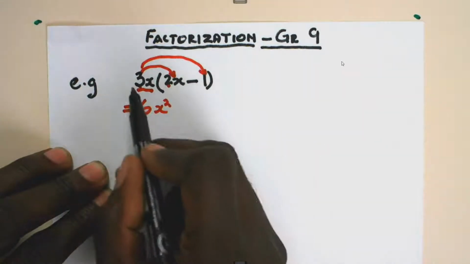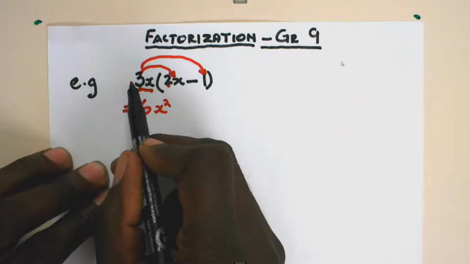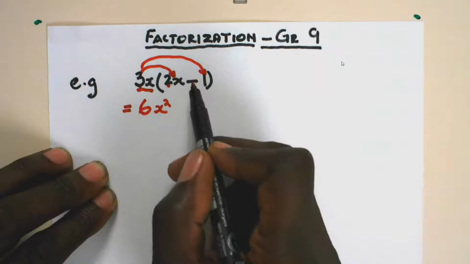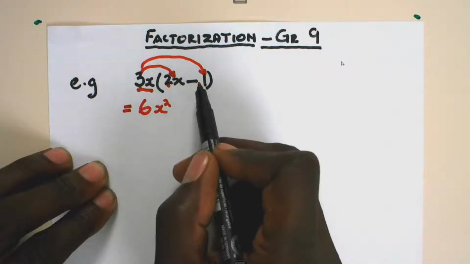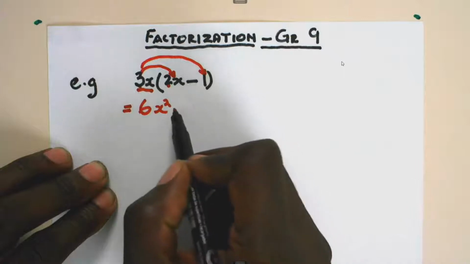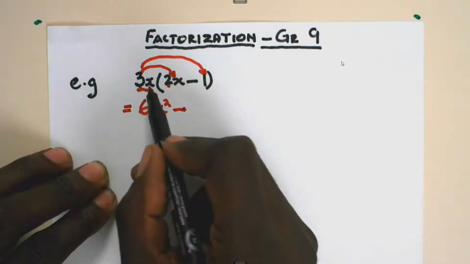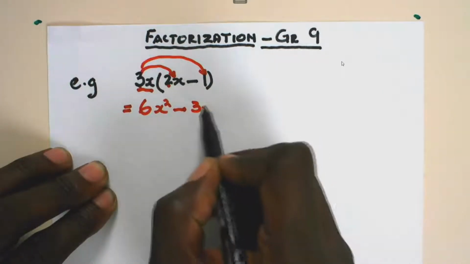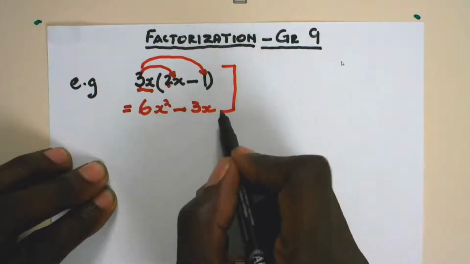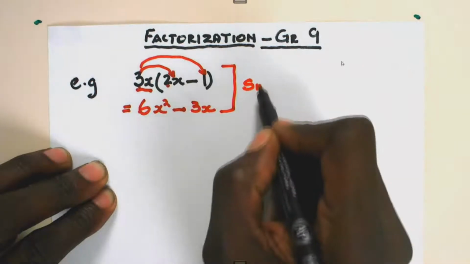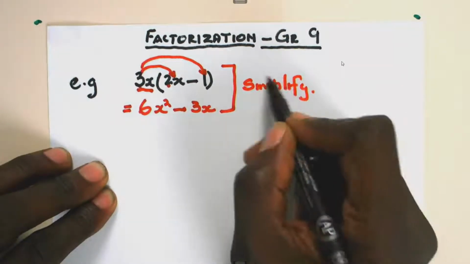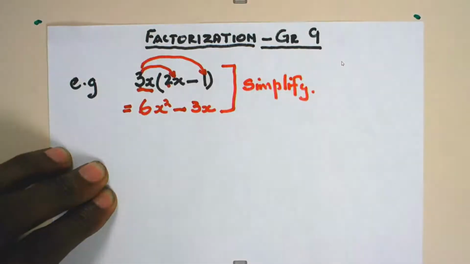And when we multiply a positive by a negative, you get a negative number. Therefore, 3x by 1 will be minus 3x. All this we call simplification. You simplify. Here, we were simplifying.